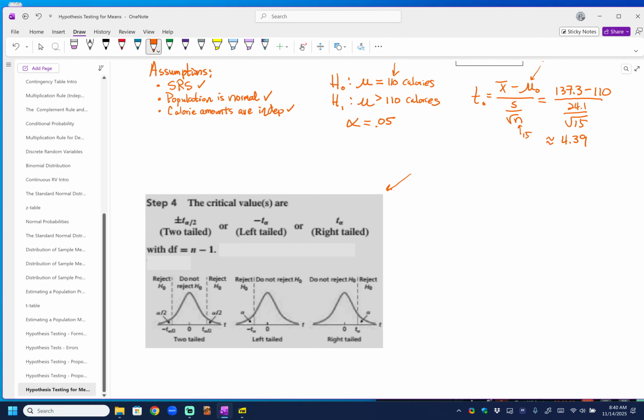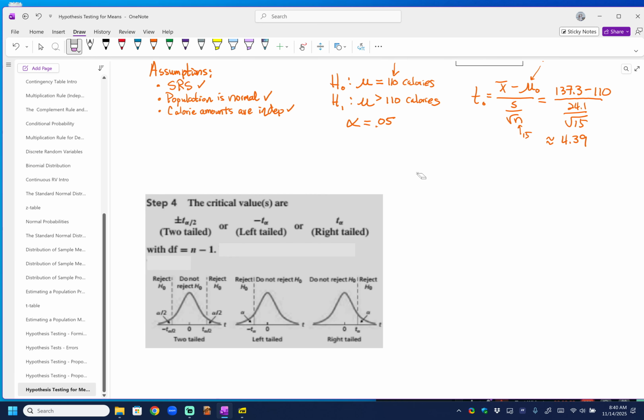So instead of having plus or minus z sub alpha over 2, negative z sub alpha, and positive z sub alpha as our critical value options for the different tailed tests, now we're just replacing the z with the t. So you can clearly see across the board here, it's identical by just changing the variables.